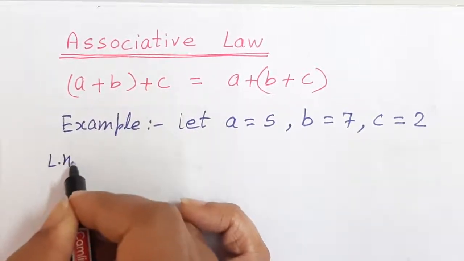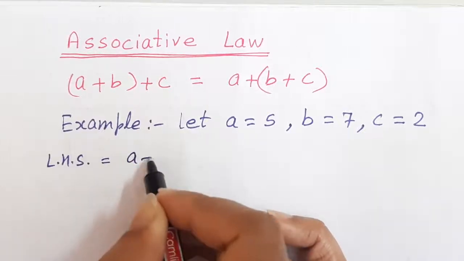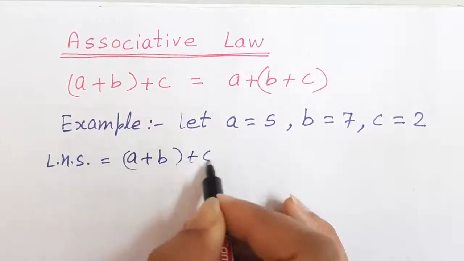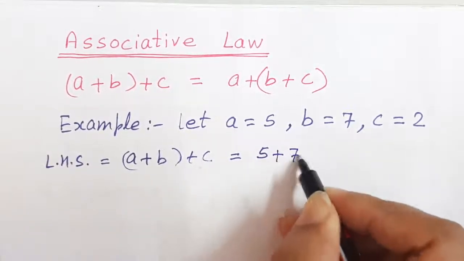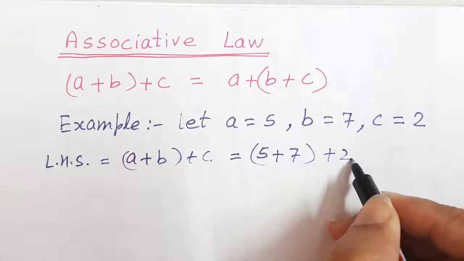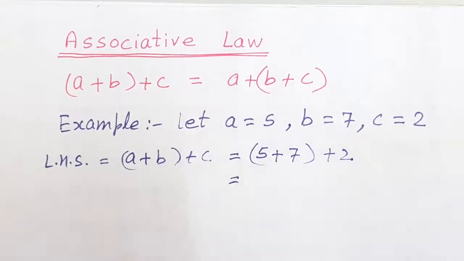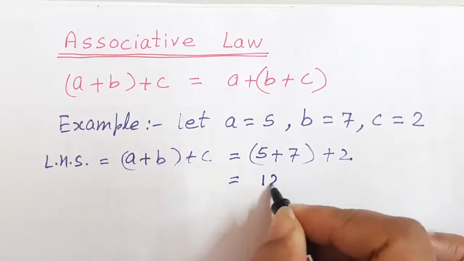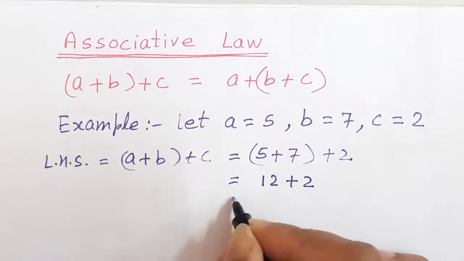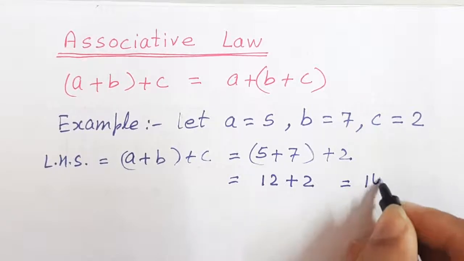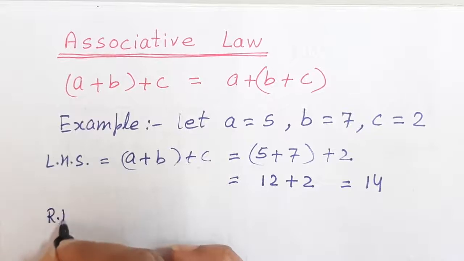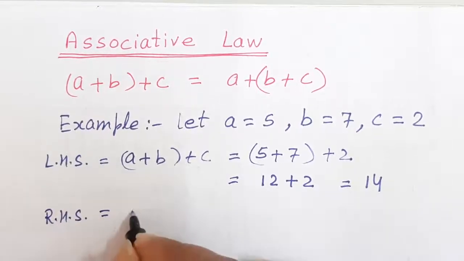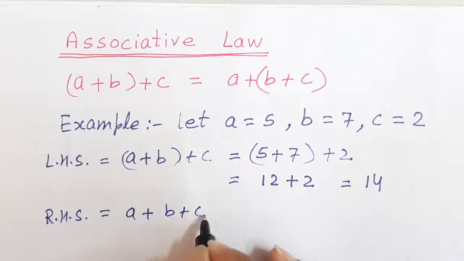So left hand side is equal to (A plus B) plus C. So that is equal to (5 plus 7) plus 2. Now 7 plus 5 is, yes, it is 12. 12 plus 2 and the answer is 14. Right? Now let us solve the right hand side. Right hand side is A plus (B plus C).